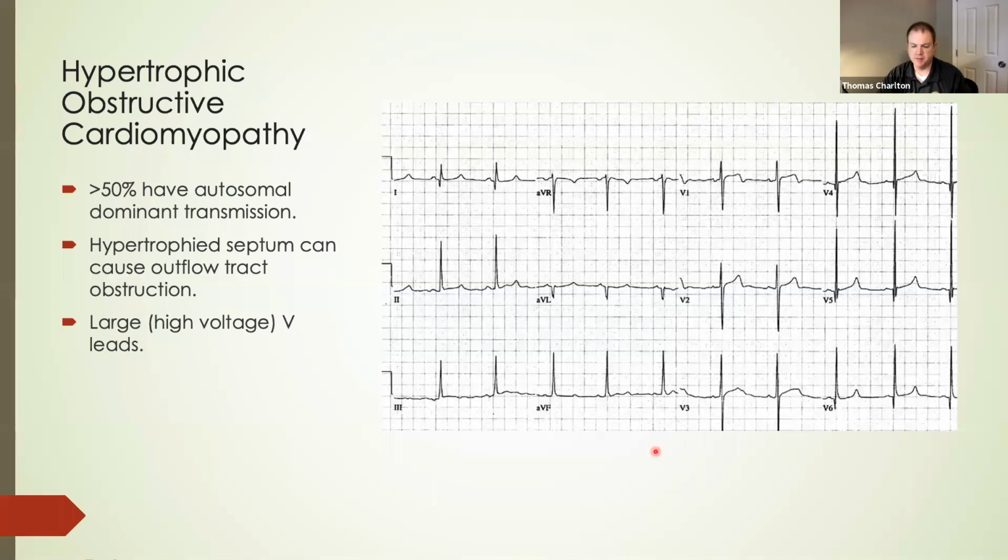There are also several other infiltrative diseases where fat will get deposited in the septum, which will cause a very similar problem. But what happens is the septum that divides the ventricles will swell, will get super big. Typically it's because of overgrowth. And it will get so big that it now begins to block off the aortic valve.